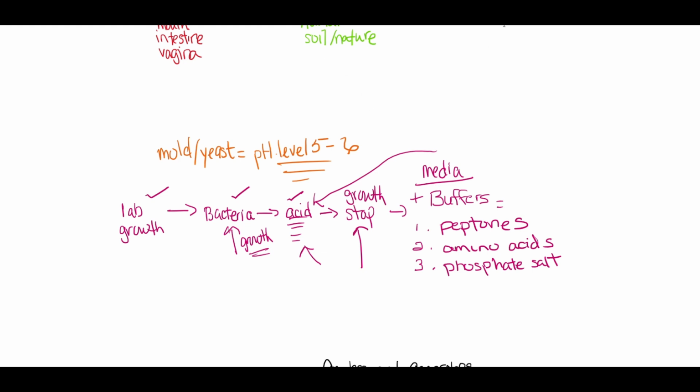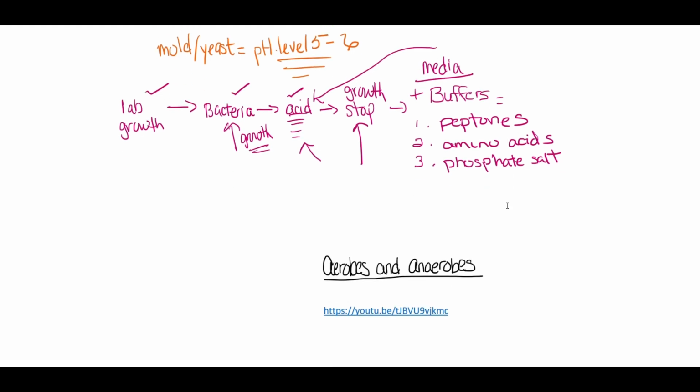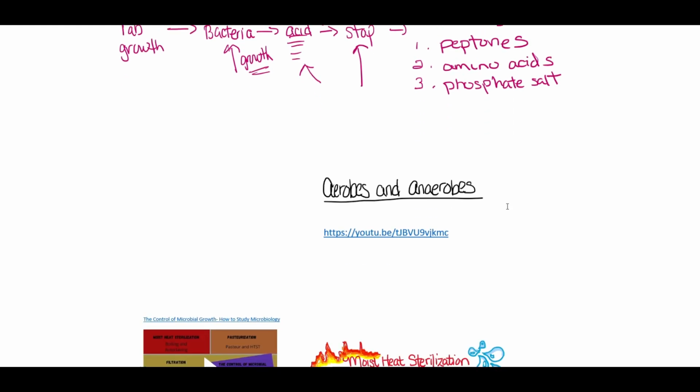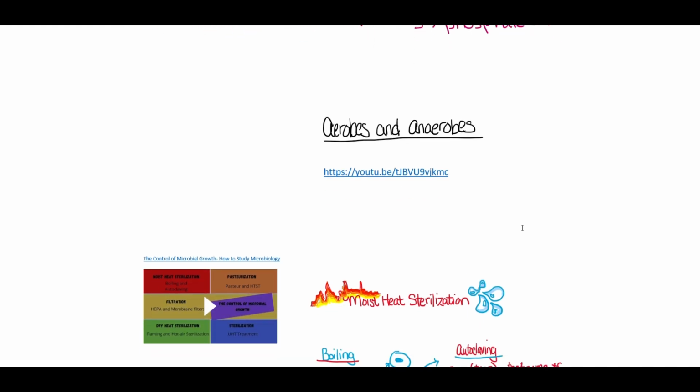Our next topic is aerobes and anaerobes. This one's going to take quite a bit of explaining, so I have a link which would be in the description box of this video. It's a 30-minute video where I go in depth describing aerobes and anaerobes and the environments that allow them to grow or not to grow.